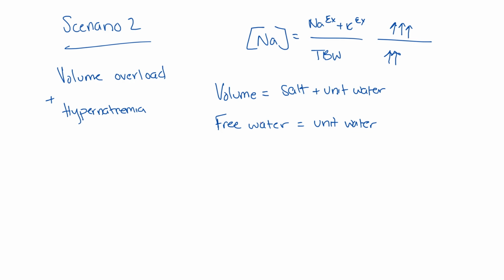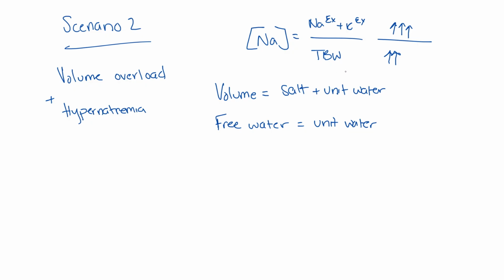But free water, on the other hand, is just manipulating the total body water portion. Okay? In a volume overloaded patient with hypernatremia, what I frequently see is I'm afraid to give water to this patient because their volume is going to increase and then we'll run into trouble with their volume overload. That's the incorrect way of approaching hypernatremia in a volume overloaded patient.